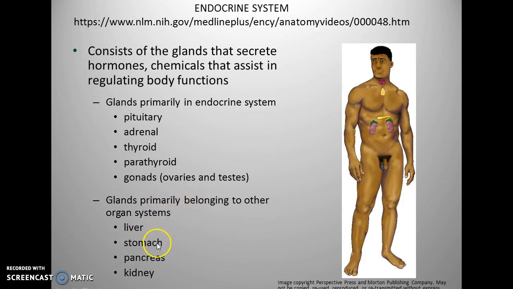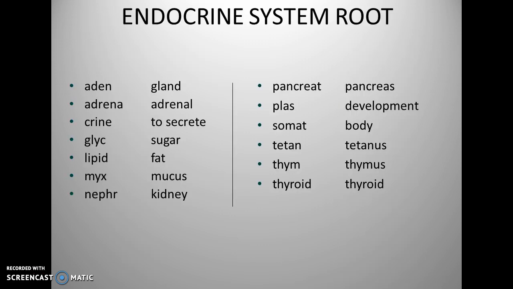Liver, metabolism, stomach, of course, secretes parts that allow for digestion of food. Pancreas, for example, insulin, which is allowed to control blood sugar. And kidney, erythropoietin, that allows for control of the blood cells production.